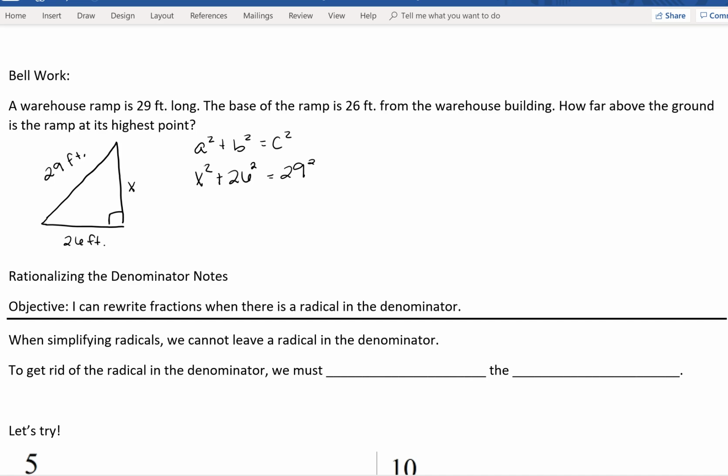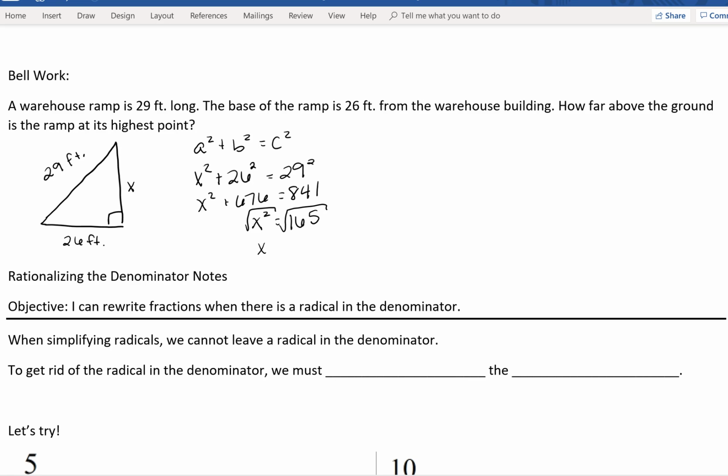So we always need to square the numbers first. So go ahead and put those in your calculator. x squared plus 676 equals 841. We are trying to isolate x squared, so subtract 676. And then you just need to square root both sides.